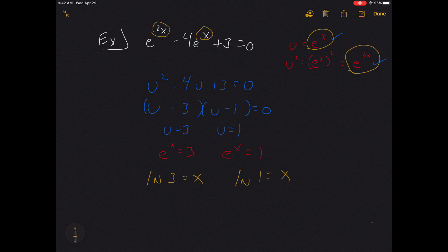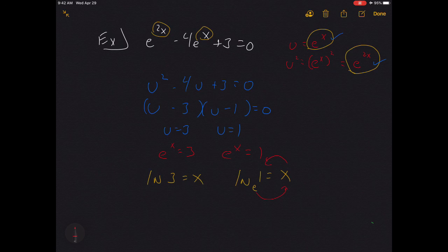So what we've got is we've got two solutions. x is the natural log of 3, or x is the natural log of 1. Now just to make sure that we see the decimal, or at least the simplified version of this, the one on the right hand side actually simplifies because the natural log of 1, so if we were to write the base e here, if I take e and I was going to raise it to some power and get 1.